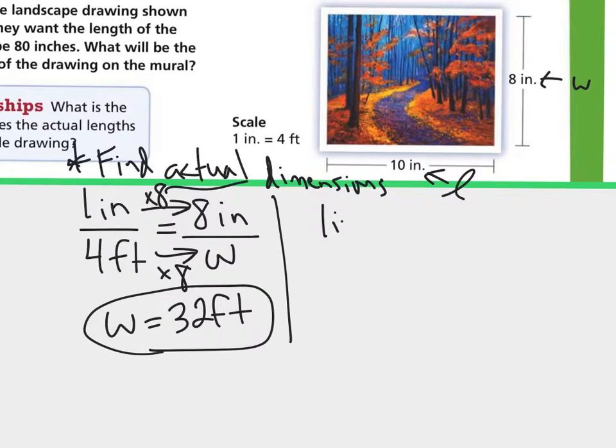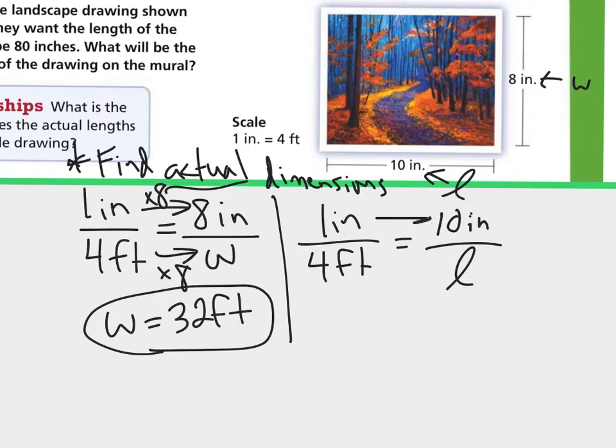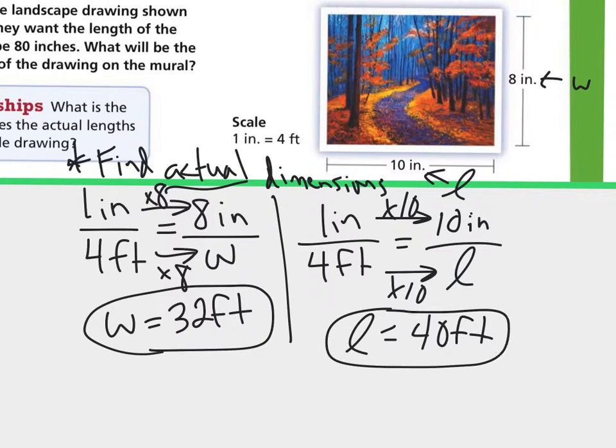And then we can do the same thing to figure out the actual length. So on the picture, our length is 10 inches with a scale of 1 inch being 4 feet. So this has a pattern as well, multiplying by 10. And so that means our actual length is 40 feet.